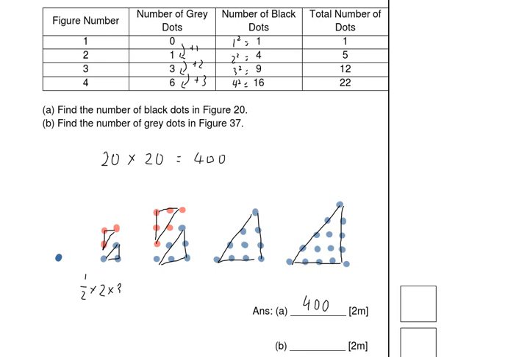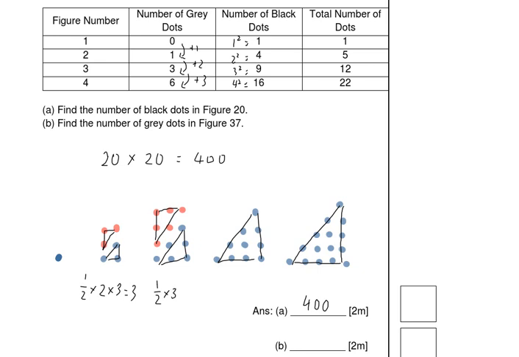Half times 3 dots here, 1, 2, 3, and 4 dots here, 1, 2, 3, 4. So it's half times 3 times 4, you get 6. So how you get the area of a triangle is from a rectangle. It's actually half a rectangle.